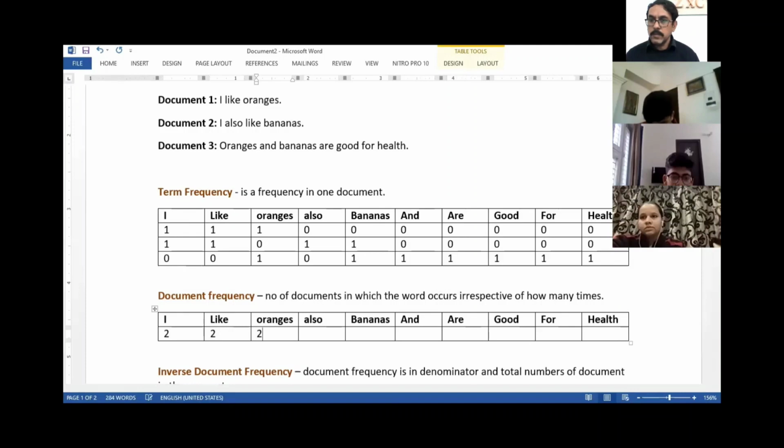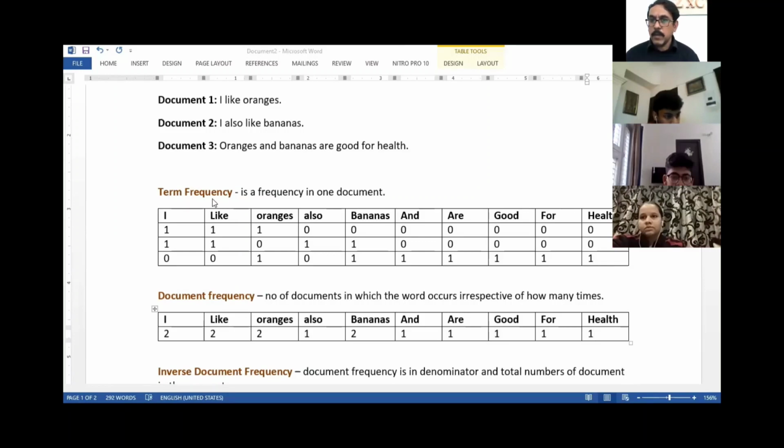Oranges also 2. I hope you all understand how I am calculating: 1 and 1 makes 2. This is 1. Are is 1. Good is 1. For is 1, and health is 1. So I hope this is clear.